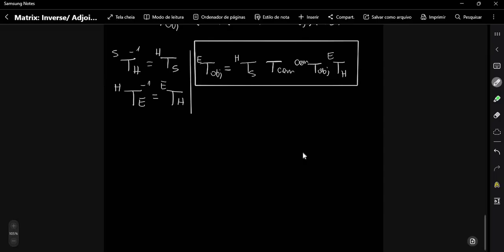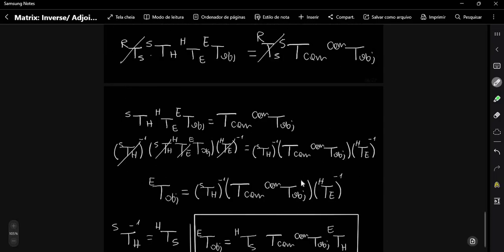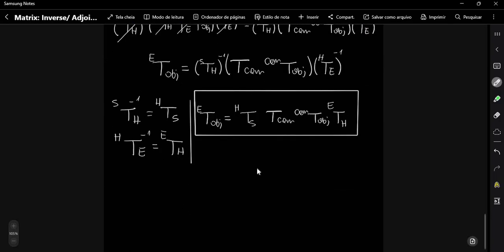So we got the coordinates of the transformation of the frame of the object in relation to the frame of the end effector, the frame E. And we already saw how to calculate the inverse of a transformation. We have to calculate the minors, and with the minors assemble the adjoint matrix and divide by its determinant, the determinant of the original matrix.